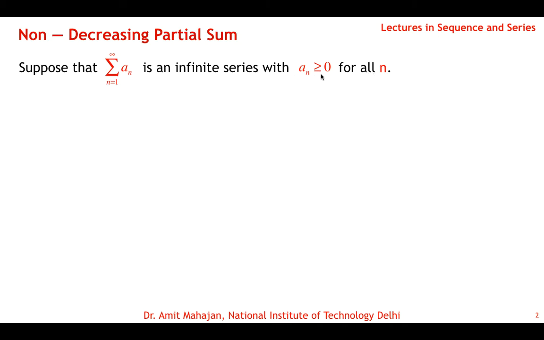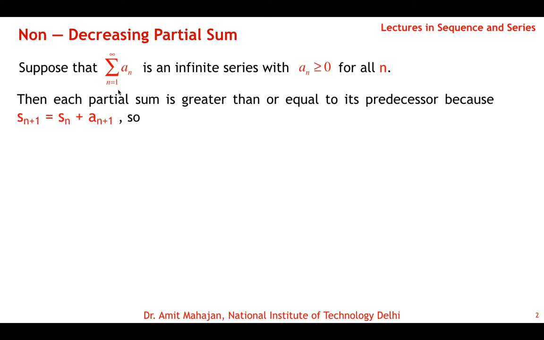This makes sure that the terms are non-negative. What happens to the partial sum? Each partial sum is greater than or equal to its predecessor, because the (n+1)th partial sum is equal to the nth partial sum plus a_(n+1).